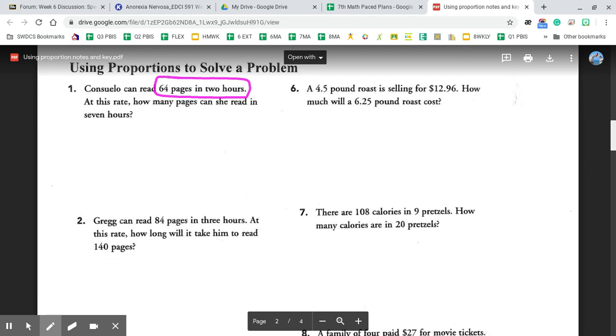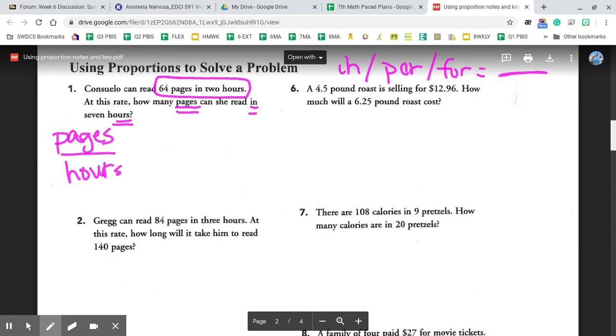So our word fraction is going to be pages over hours. And the reason we know this is because it's saying pages in hours. Okay, the words in, per, for, all of those things equal that fraction bar.